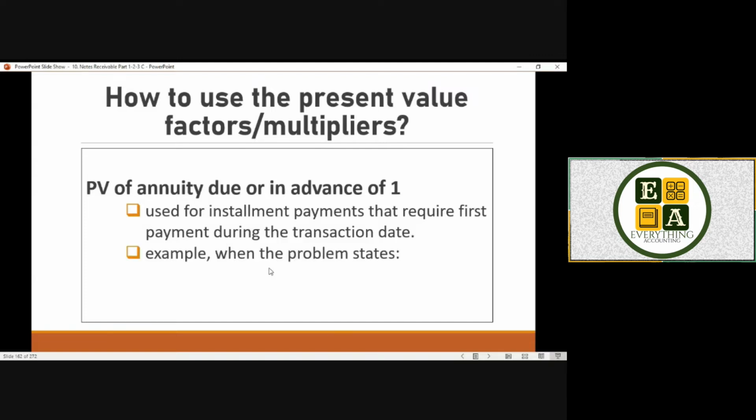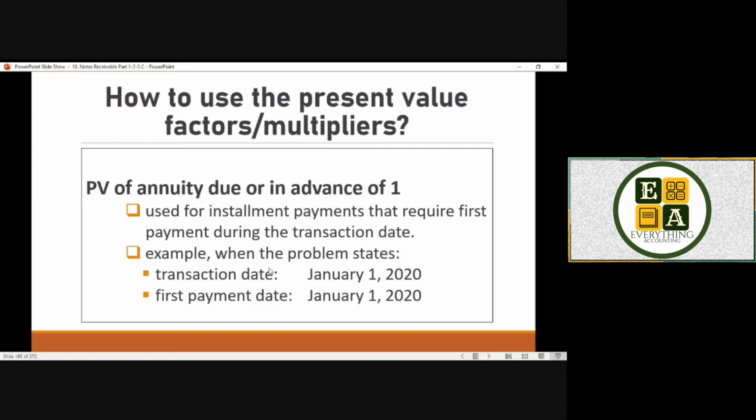Meaning, if the problem provides that the transaction date of January 1, 2020 is the same with the first payment date. So transaction date, January 1, 2020. First payment date, January 1, 2020. There is an advance payment. In contrast with ordinary annuity, where there must be a substantial passage of time.